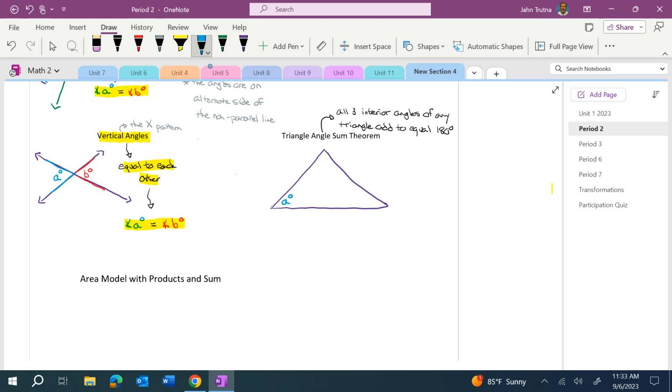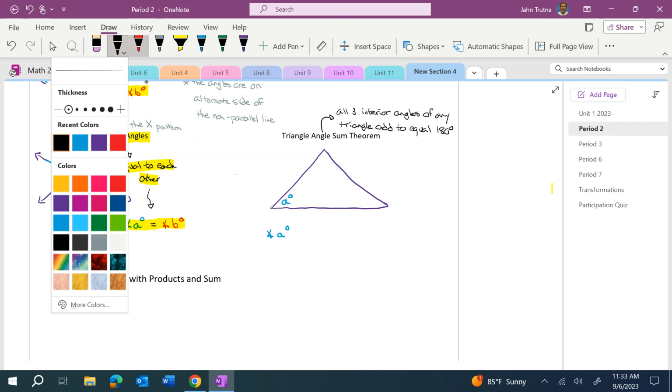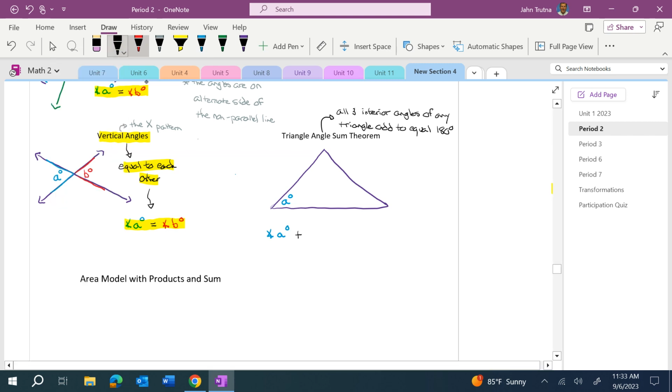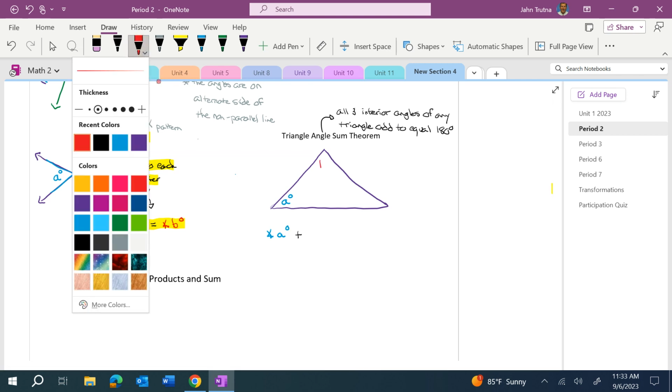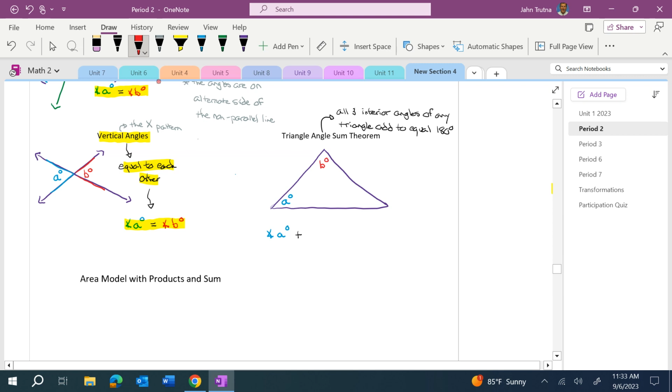It's one of the inside angles of the triangle. And if you take however many degrees angle A is, and if you add it with another interior angle, which I will denote as B. Notice angle B is another angle inside the triangle. Add that with angle B.